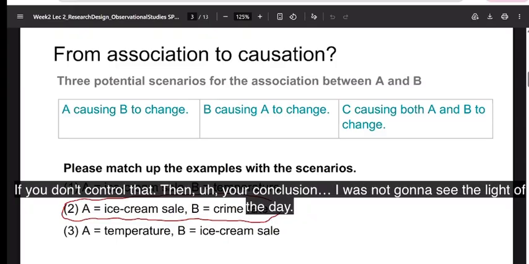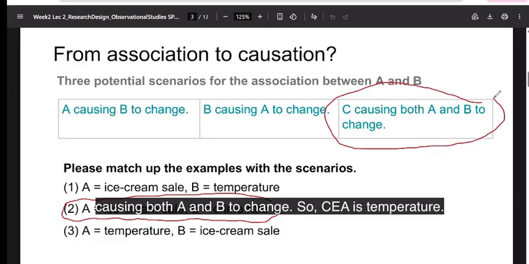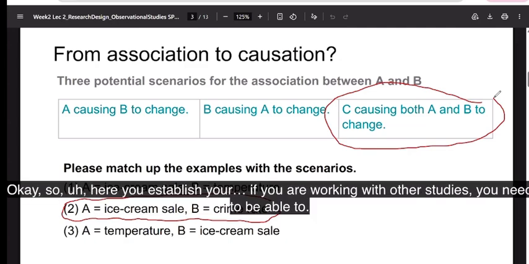If you don't control that, then your conclusion is not going to see the light of day. And that is what I'm trying to say here. Look at that: C causing both A and B to change. So C here is temperature.